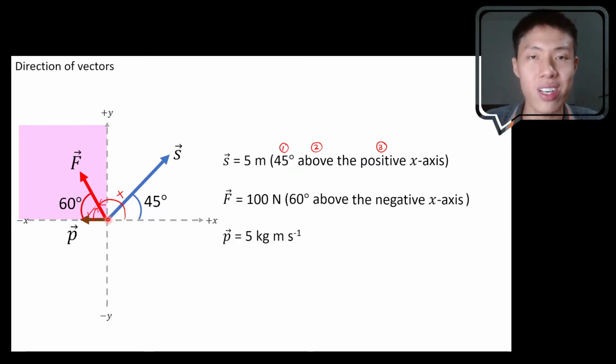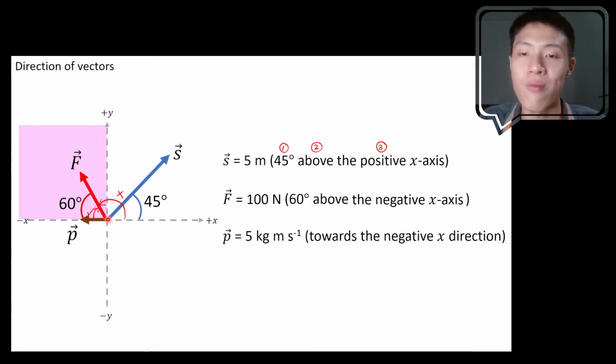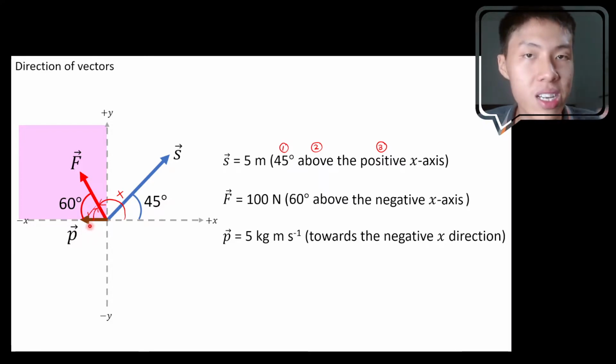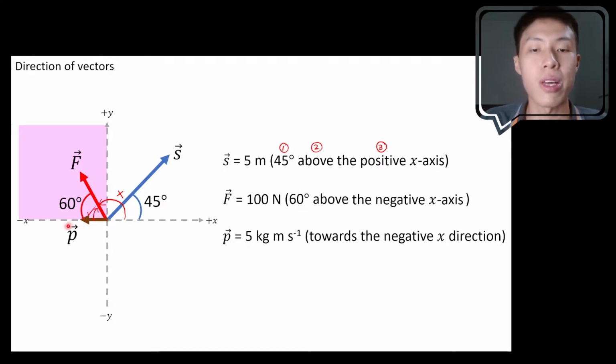And if it's 0, there's no purpose of writing it. So you can just write, it's towards the negative x direction. That is already clear enough to tell us that our momentum is pointing towards the left.